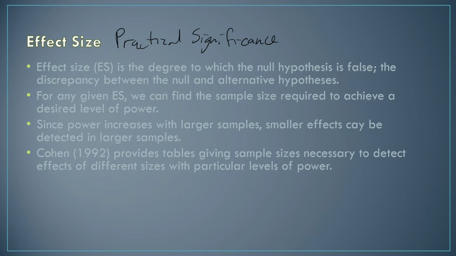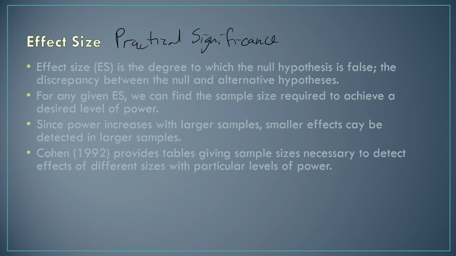So if you're looking at two different treatments and a control, and you find that one of the treatments has a statistically significant mean difference from the other two groups, you have to then look at, okay, is that difference big enough to take action, to put that treatment into place for everybody, to spend the money to do that, to set it up, and all of that?